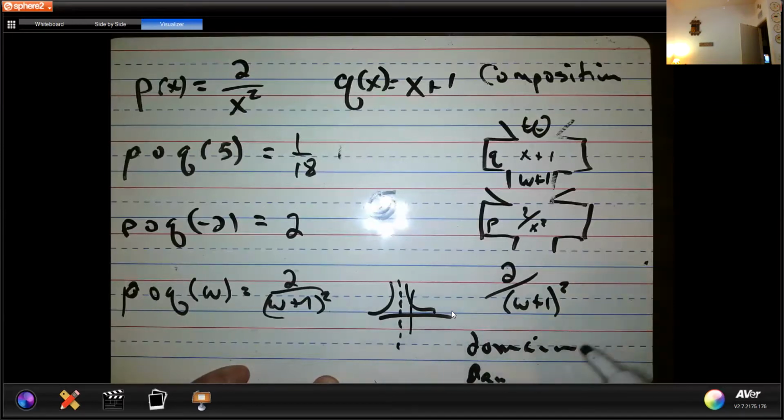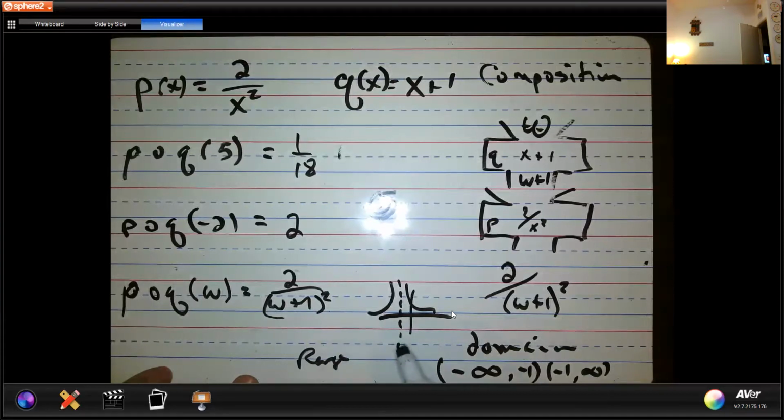So the domain is all the numbers up to negative 1, and then all the numbers after negative 1, right? What's the range? Just to keep us in memory, no negative values, it's only positive values, right? 0 to infinity. Ta-da.